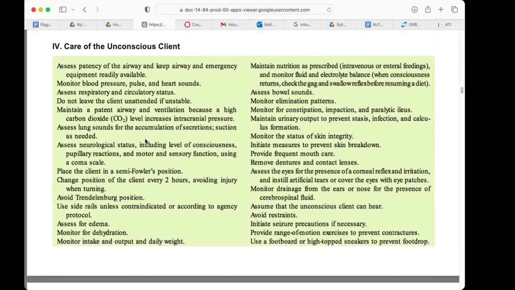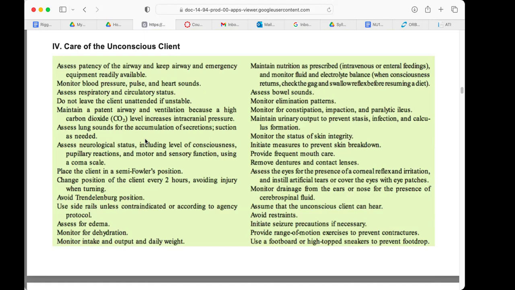Maybe if it's an unconscious client who is a burn patient, they're going to need extra protein in their tube feed. Whatever needs are there for your patient, you have to monitor it every day, every 4 hours, every hour. It depends on what it is.